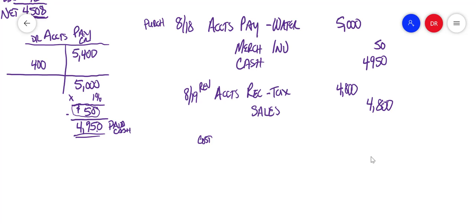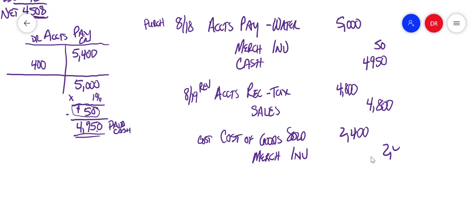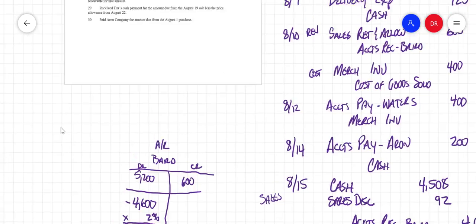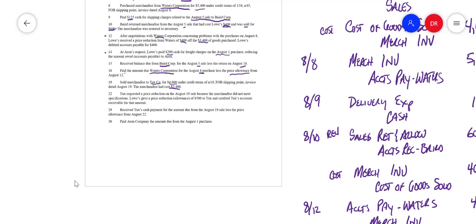So we're going to go to cost of goods sold for $2,400 and credit merchandise inventory for $2,400 because we're taking the merchandise out of inventory and putting the cost of that in cost of goods sold because we sold it. And again, we're referring back here to these two numbers. The revenue is here and the cost is here.